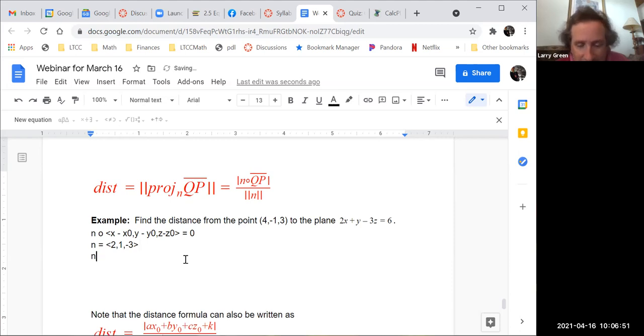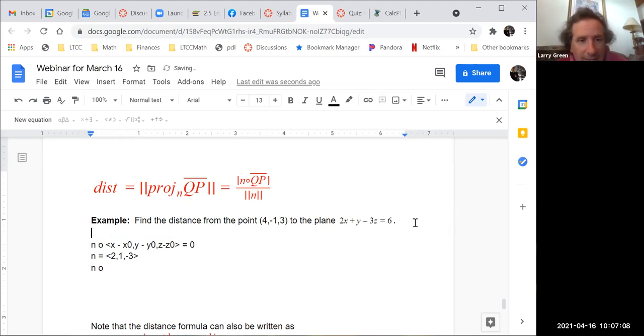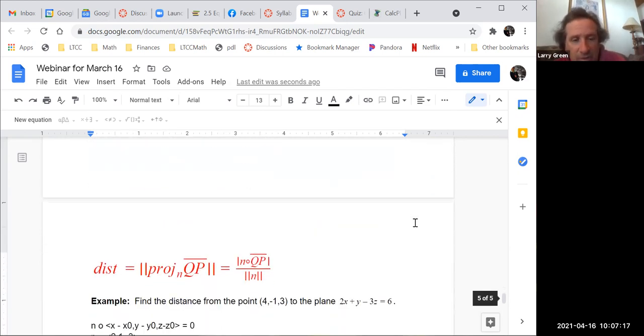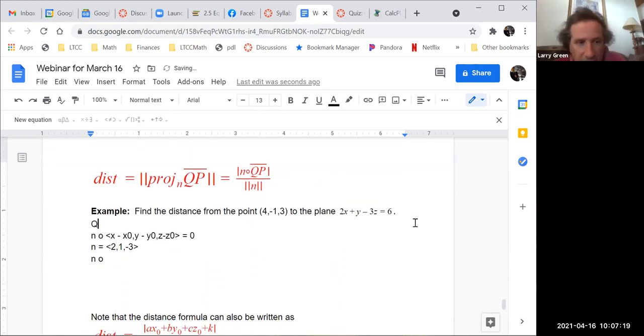So now what is n dotted with PQ? We need a PQ, so we need a point on the plane. From the picture, Q was a point on the plane. So how do I get a point on the plane? Here's our equation of the plane.